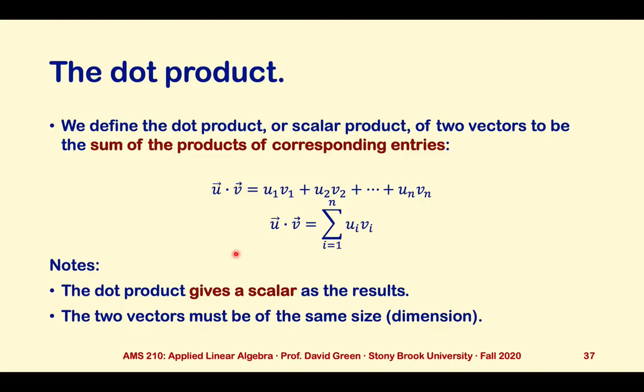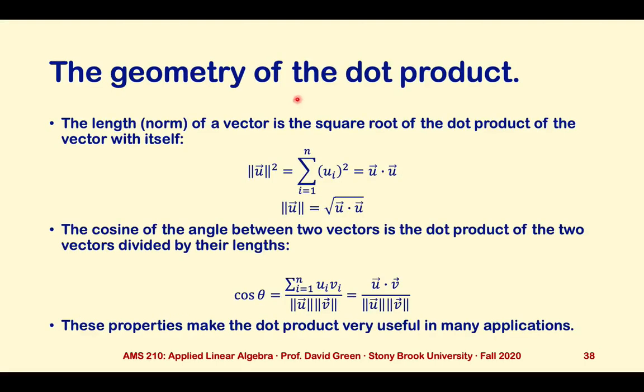With this simplifying definition that the dot product of two vectors is this, we can then write both the norm of one vector and the cosine of the angle between vectors in terms of this dot product. The norm of a vector is the square root of the dot product of a vector with itself.